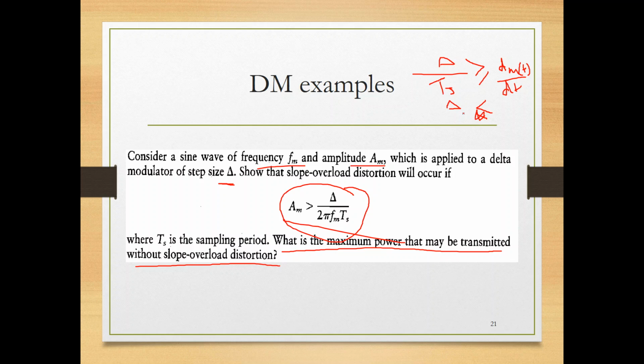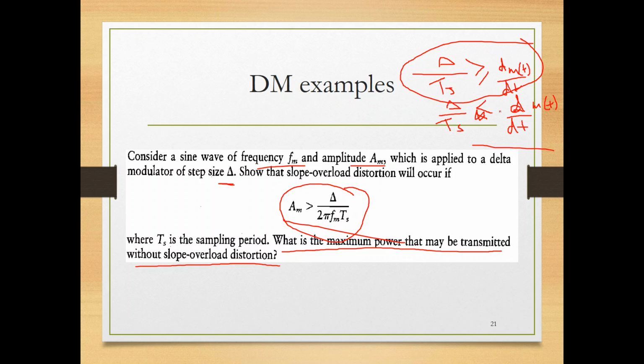So in this case, delta over Ts is less than d over dt of m of t. Great, up until now, do you understand why we reverse this? The complement, because it talks about the opposite. This is the condition to avoid overload distortion. This is where overload distortion can happen.